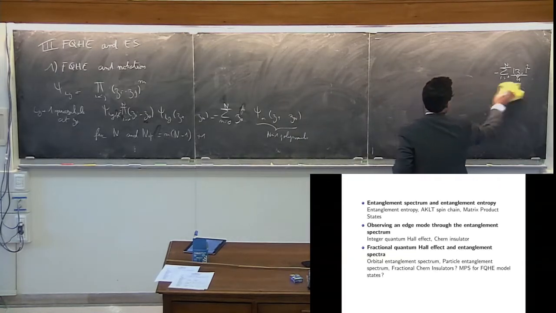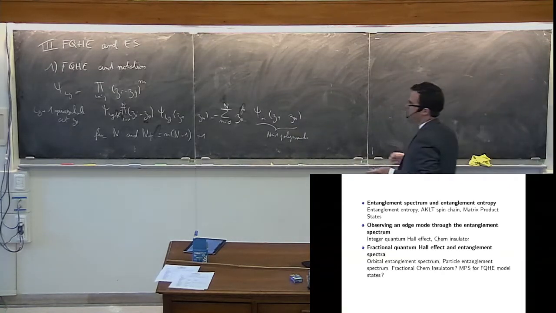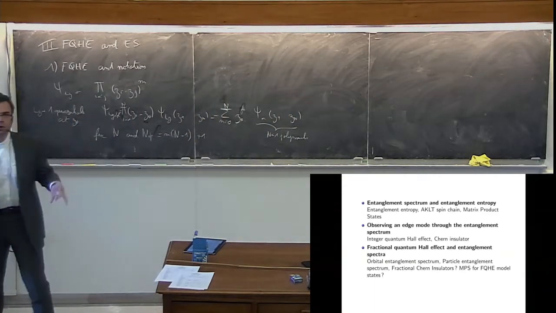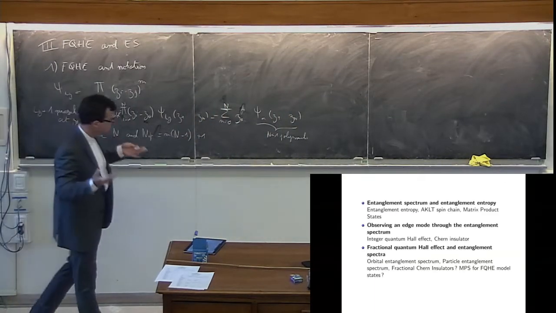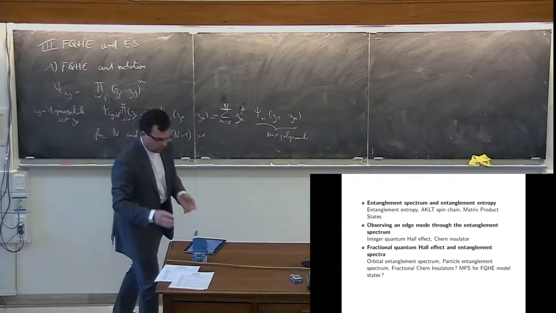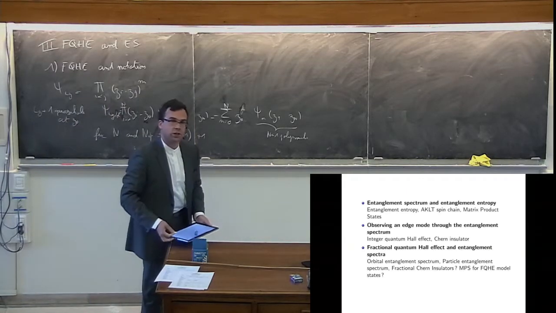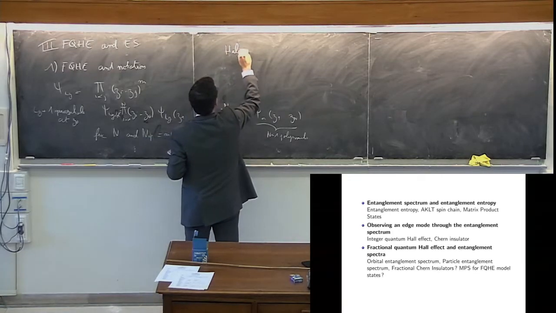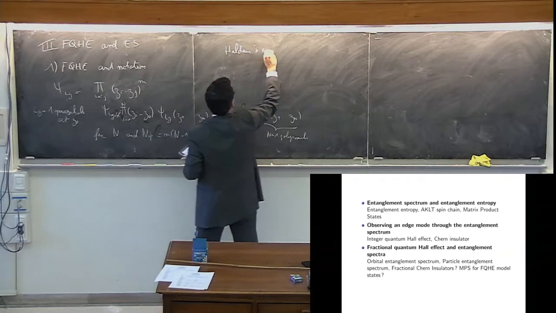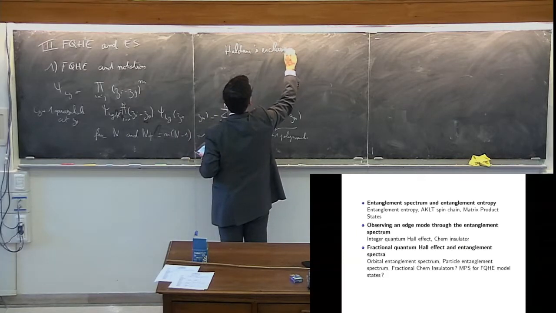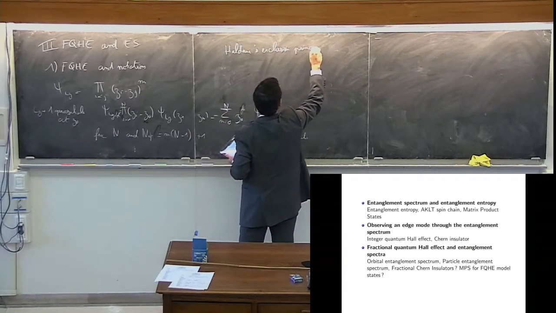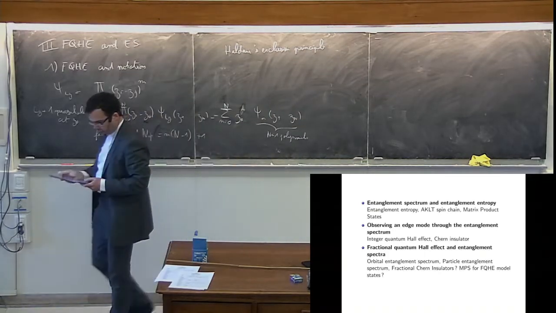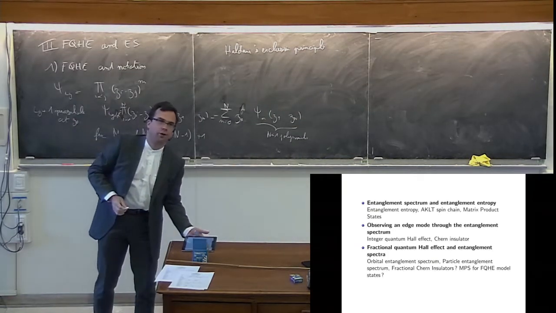And you can wonder, so let's say now I add more and more quasiholes to my system, how many wave functions I can write down. Well, there is a simple rule to obtain this number, which is you can use the Haldane's exclusion principle, which will allow you to compute this number. So basically, the rule of the game is the following.